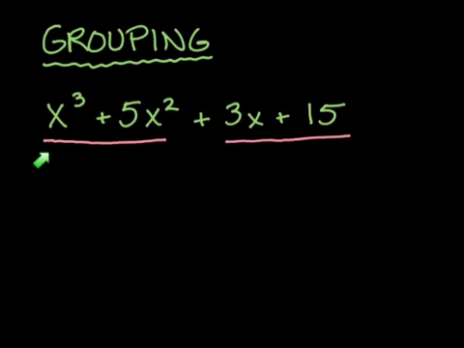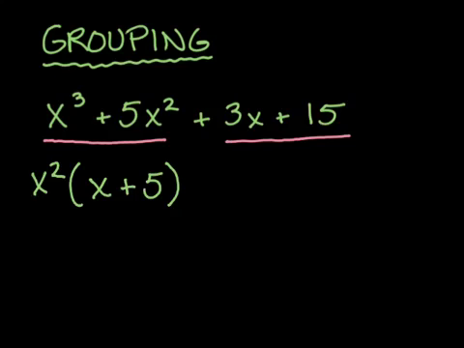We have x cubed plus 5x squared, and if we look at the greatest common factor for just those two, you notice that we can factor out x squared. And when we do, we're left with x cubed divided by x squared is x, plus 5x squared divided by x squared is just 5. So we factor out an x squared, and we get x squared times x plus 5.